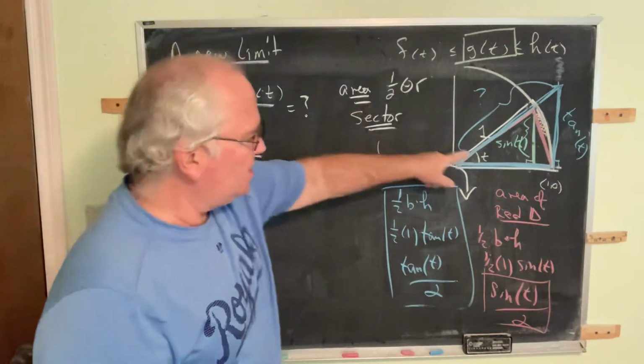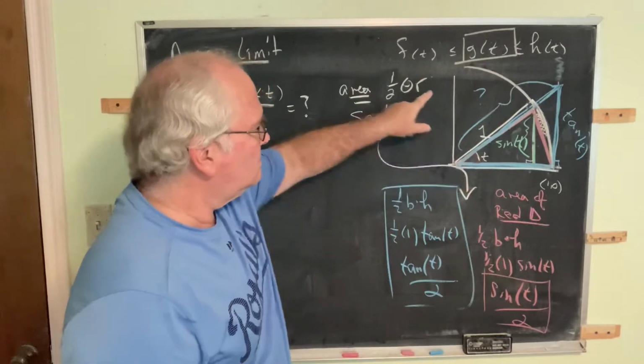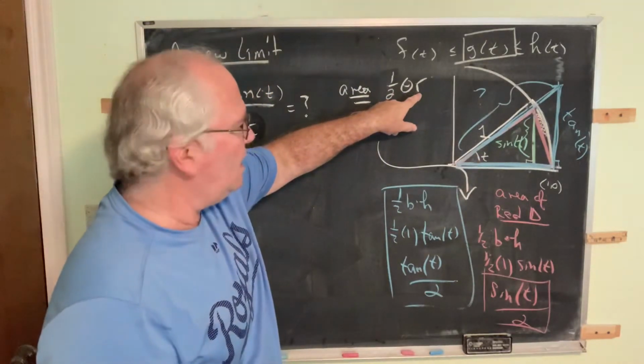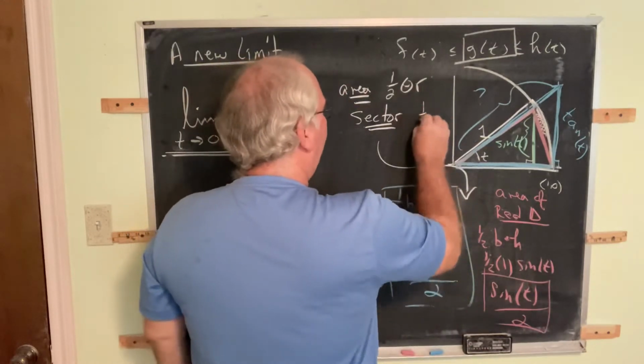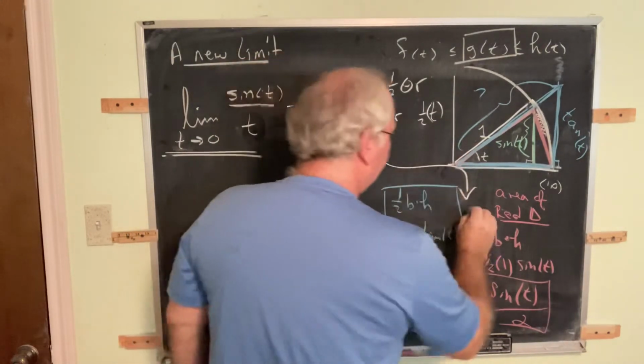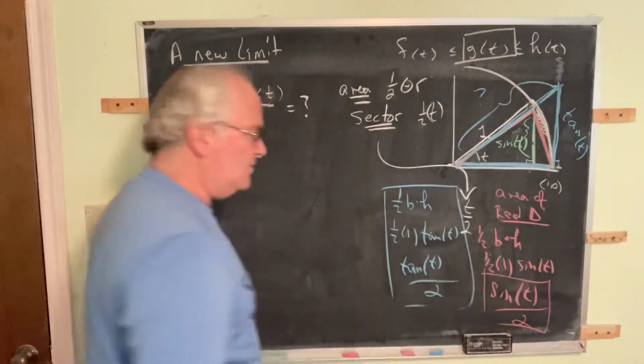The angle in question is T. The radius is 1. So the area of the sector is 1/2 times T, or simply T over 2.